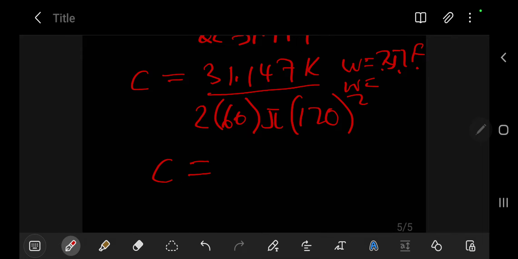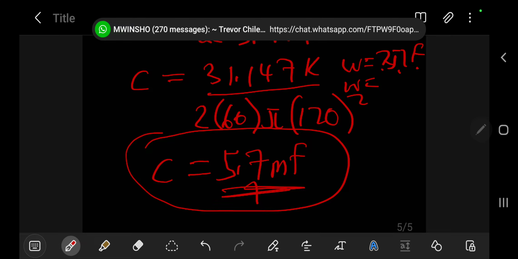This is a very small number, so you just multiply by 10 to the power 3. So you obtain a value of 5.7 millifarads as the value of the capacitance.